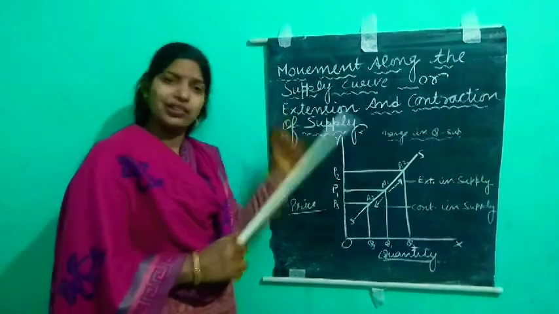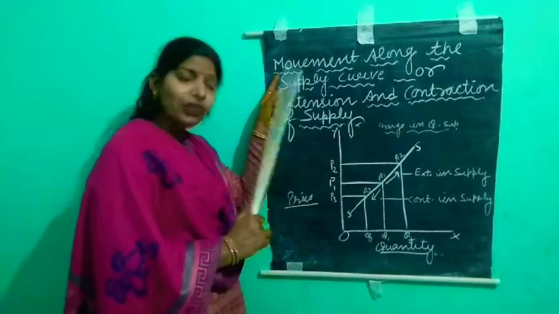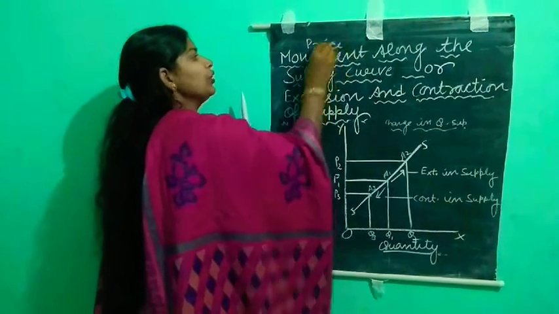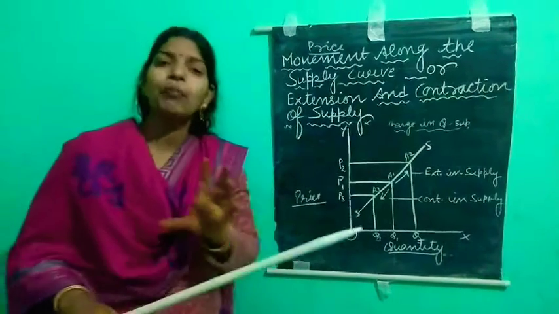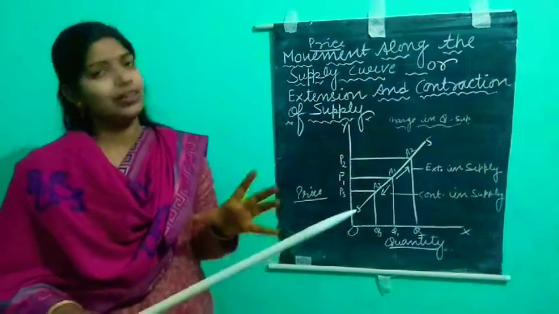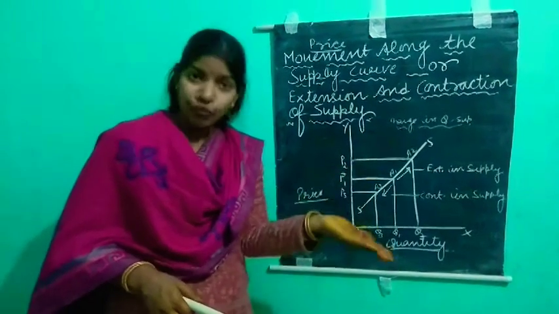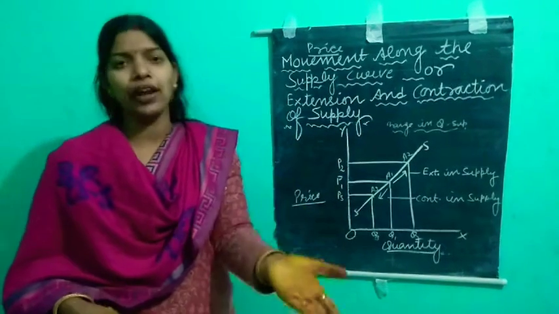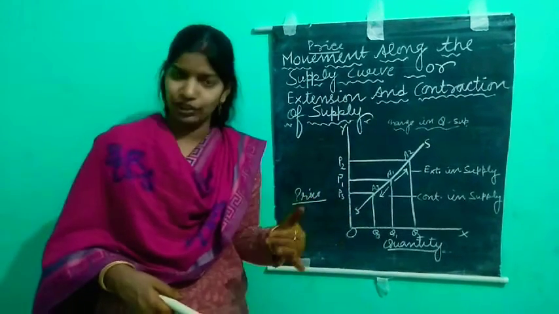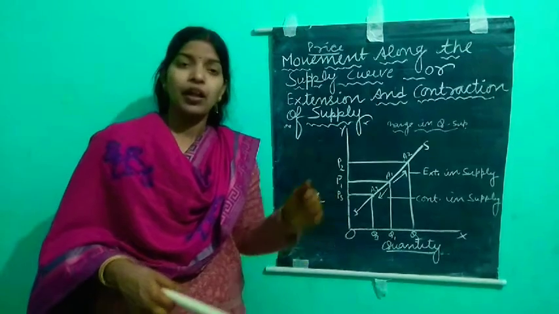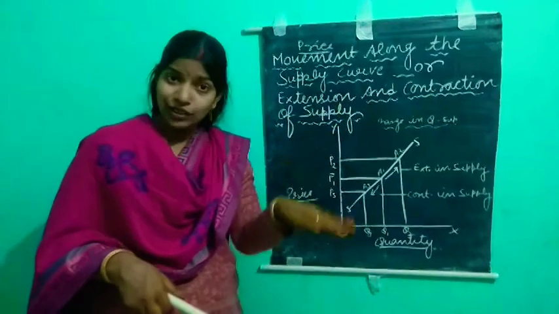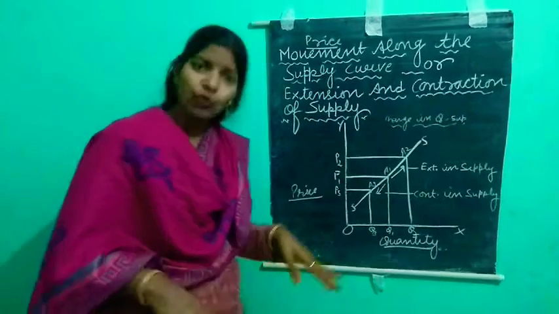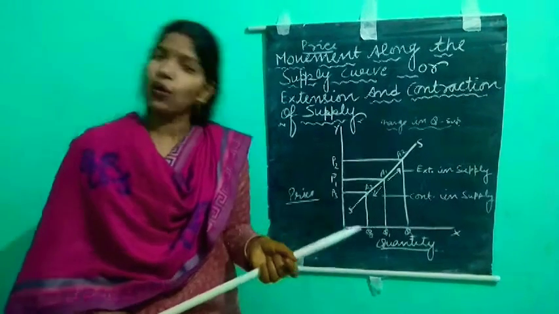This is known as extension, because in the movement we have to take only price, other things remaining the same. If price rises and quantity supplied also rises, it is known as extension. And other things remaining the same, if price falls and quantity supplied also falls, it is known as contraction.